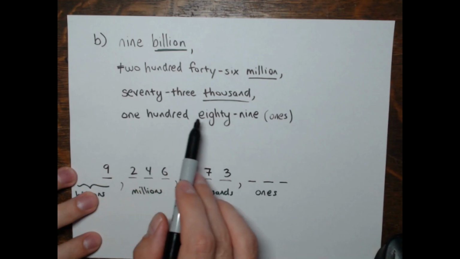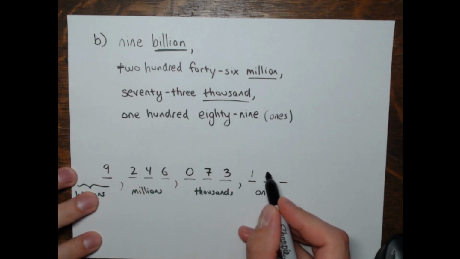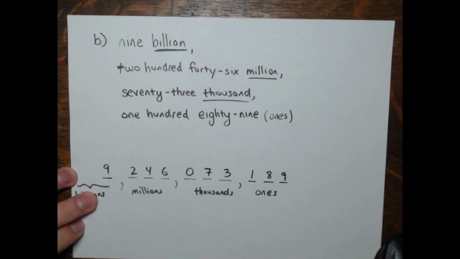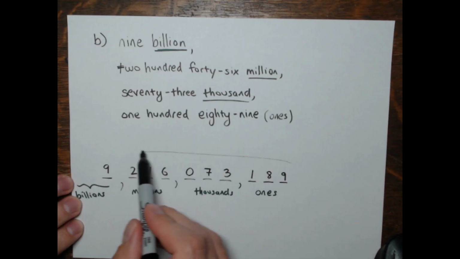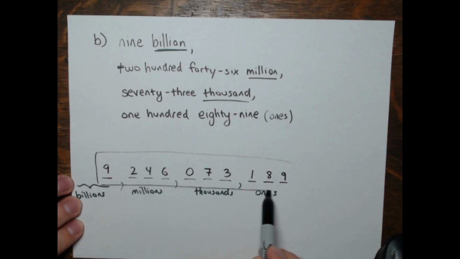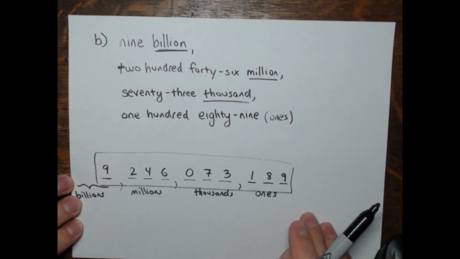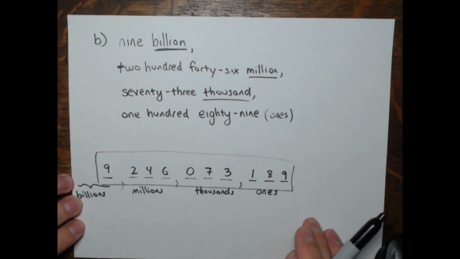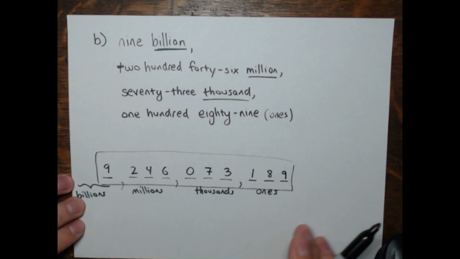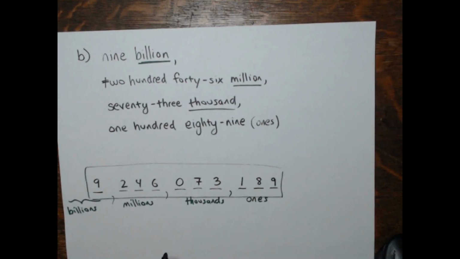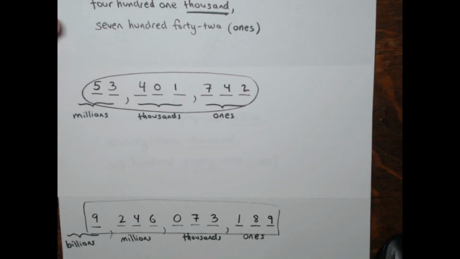And then 189 in the ones period. 1 in the hundreds, 8 in the tens, 9 in the ones. So 9,246,073,189 written in digits. And let's check that these are correct.